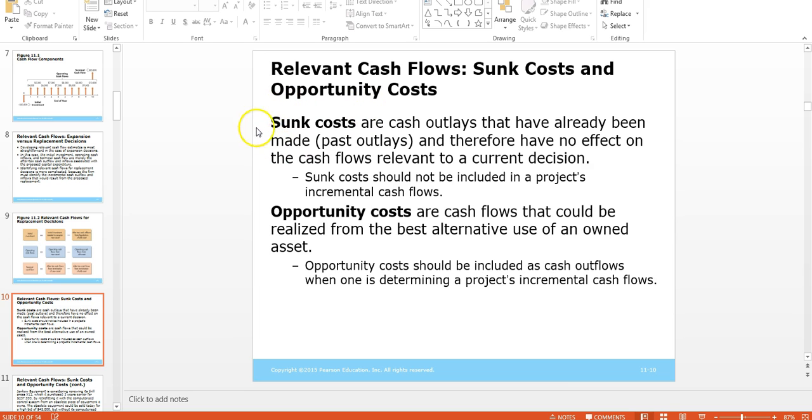This is a sunk cost. And this is an opportunity cost. Sunk costs are cash outlays that you've made and have no effect on the cash flows relevant to the current decision. Let's assume you had a company and you had a big, large field and it was grass, okay, and you kept it looking beautiful, a nice lawn outside your company, and you would pay a landscaper.